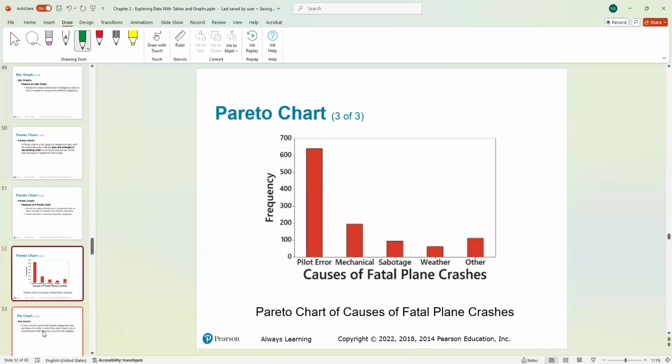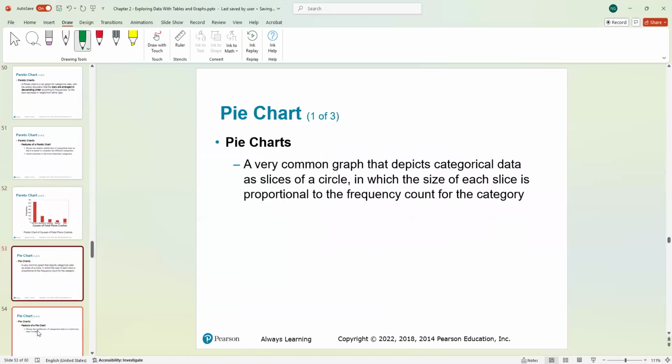Another technique we're going to use to display qualitative data is the pie chart. That's a very common graph that depicts categorical data as slices of a circle, in which the size of each slice is proportional to the frequency count. A pie chart provides a very convenient way to display qualitative data graphically as a percent of a whole.